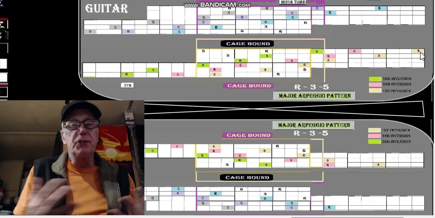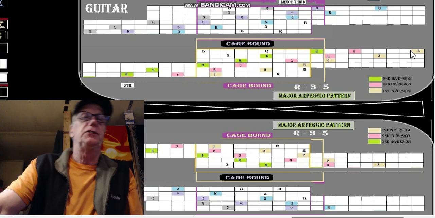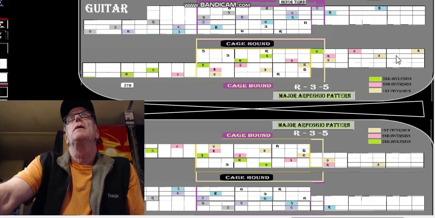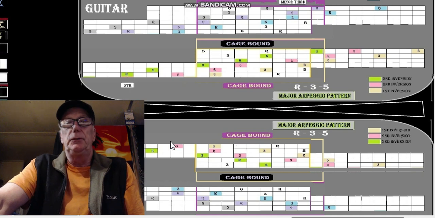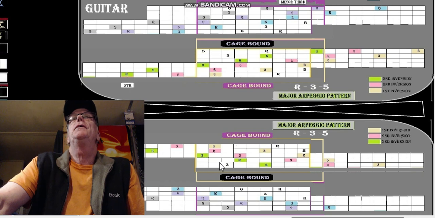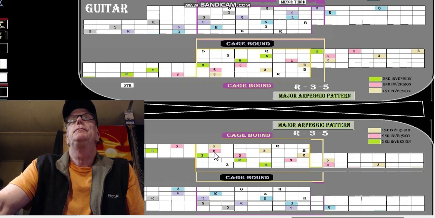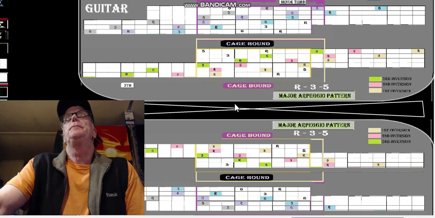Because it's a duplicate of the bottom string, note for note, just a couple octaves higher. So we don't show that, and that was just by trial and error. I didn't plan that. So there it is. We have a mirror image right here closest to the mirror, root 5, 5 root. Furthest away would be the second highest string up here. So that is what's going on.